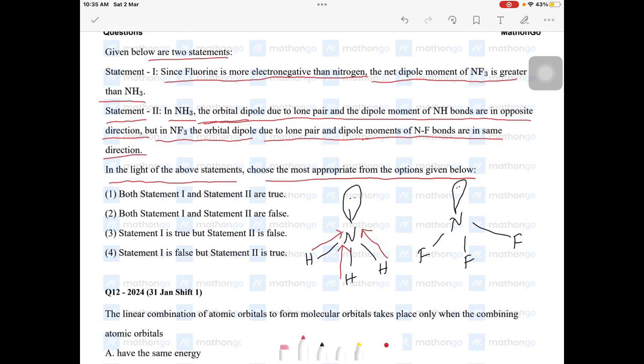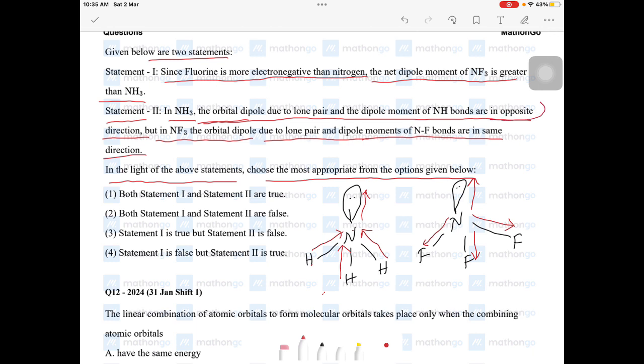Now, the dipole moment is always towards the lone pair of electrons. Here, take fluorine and nitrogen. Fluorine is more electronegative, vector quantity towards fluorine. Here towards lone pair. See, in NH3 all are on the same side. Lone pair dipole and NH dipole on the same side.